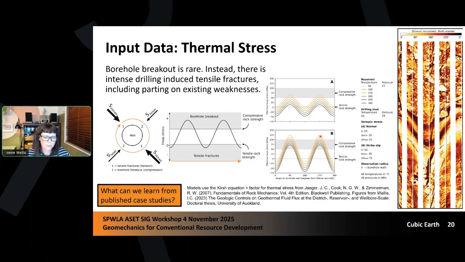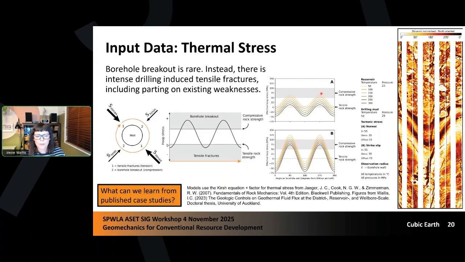And so essentially, these sinusoids, these curves, are the amount of hoop stress felt if you unwrap the borehole. If you had a well that was not hot, you'd be on this top curve here, and you'd form borehole breakout where you breach the compressive rock strength.